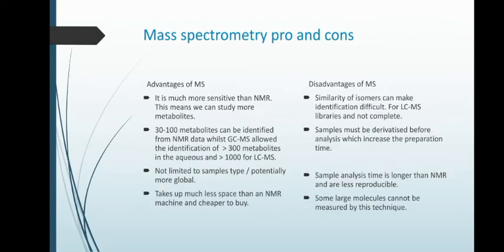If we talk about the pros and cons of mass spectrometry, the pro is that it is more sensitive for metabolite detection.